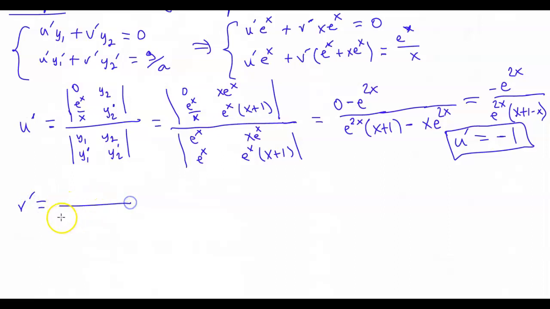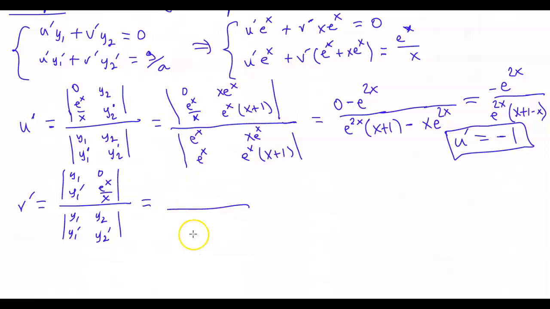So for the v prime, of course, the setup for the denominator is the same. And since we already know what that is, we don't have to do the whole computation for that again. So for the numerator, we'll have y1 and y1 prime in the first column, and then we'll have 0 and then g divided by a, which is just e raised to the x divided by x for the second column.